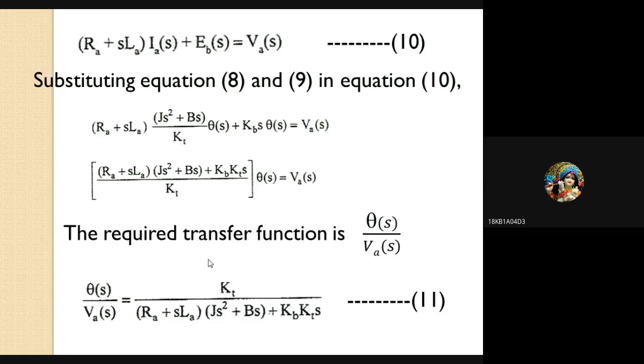Present, ma'am. D4. Present, ma'am. D5. Present, ma'am. D6. Present, ma'am. D7 absent. D8 absent. D8 present, ma'am. D9 present. D8, I didn't see him. What happened? D8 is having a problem with the mic, ma'am.